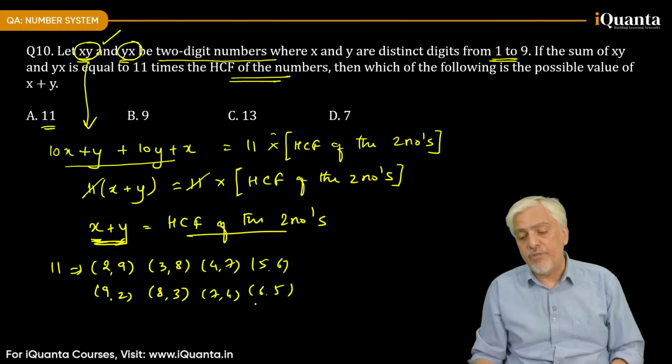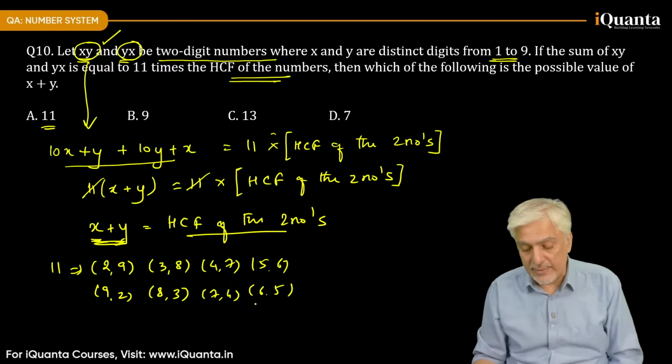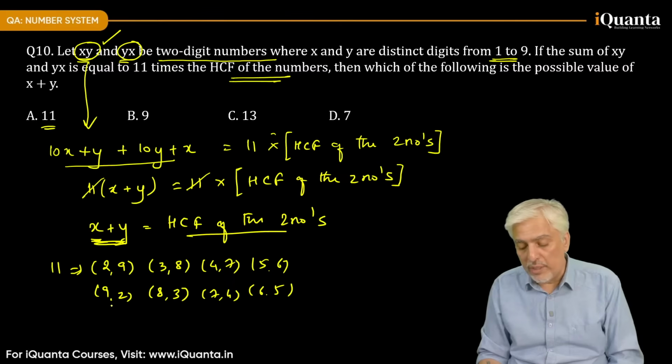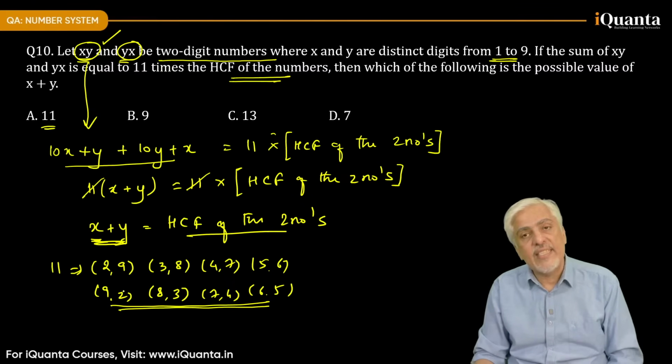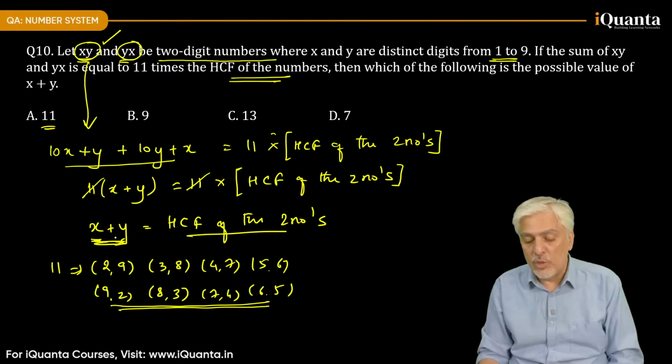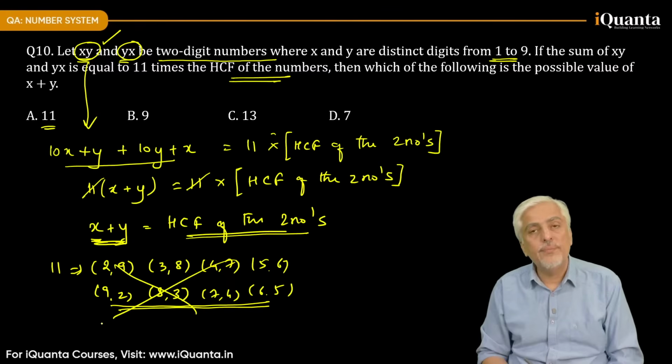Now, if you look very carefully, in all the four cases, HCF is 1 only. 2 and 9 का HCF is 1, 3 and 8 का HCF is 1, 4 and 7 का HCF is 1, 5 and 6 का HCF is 1, which means x plus y will not be the HCF. So this case is wrong.